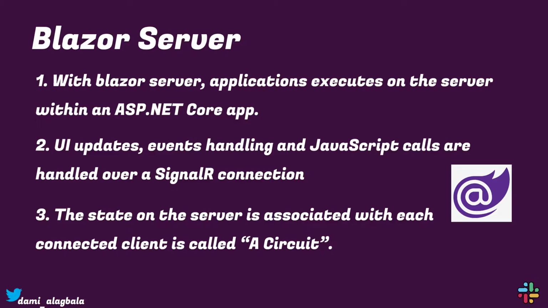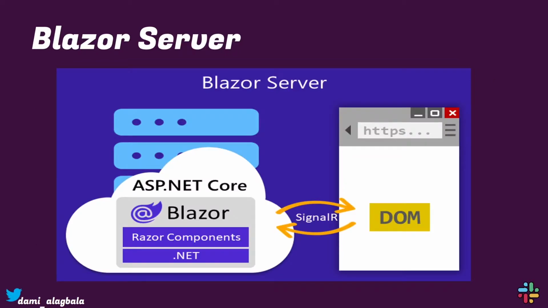So if that connection is lost, out of the box there is a JavaScript Blazor file that sits in your browser, and that file is responsible for reinitiating the connection over SignalR to the server. Let's take a look at this diagram that should explain this clearly.